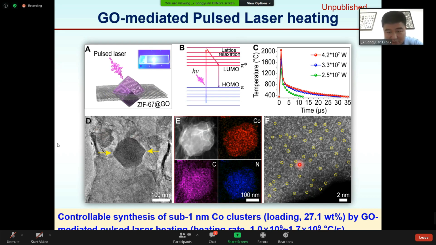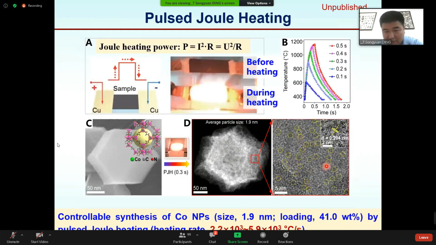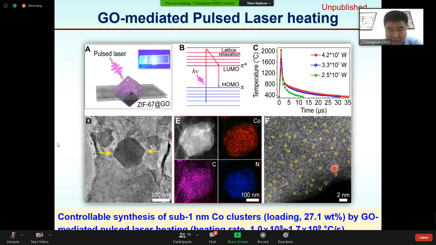Using this method, we can prepare nanoparticles much smaller than 1 nanometer, about 1 to 5 nanometers. It provides a confined condition to heat up the system very quickly.